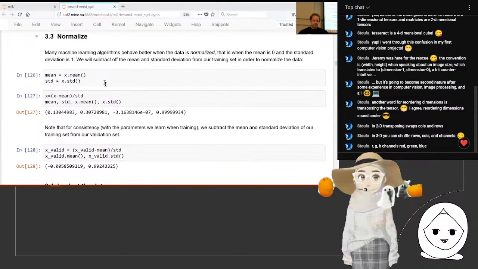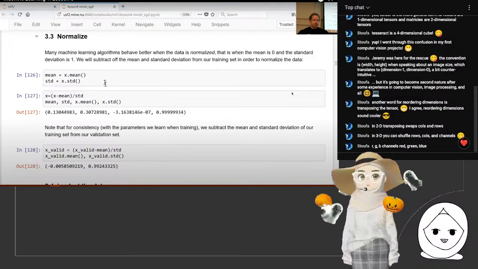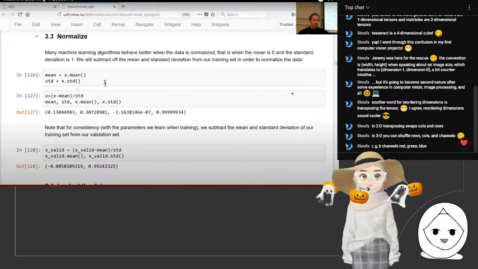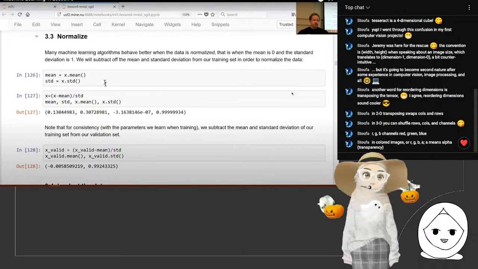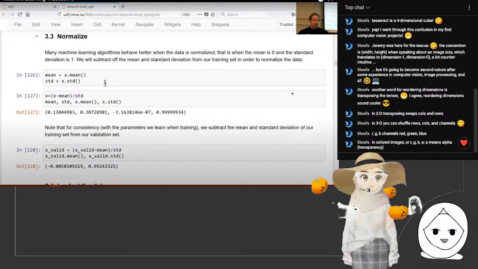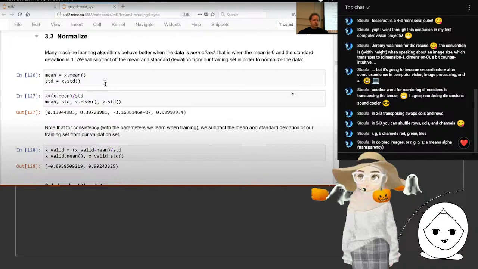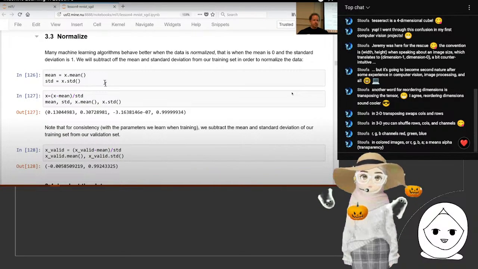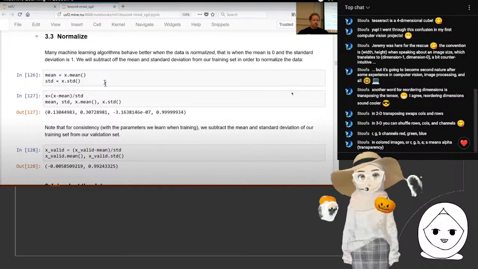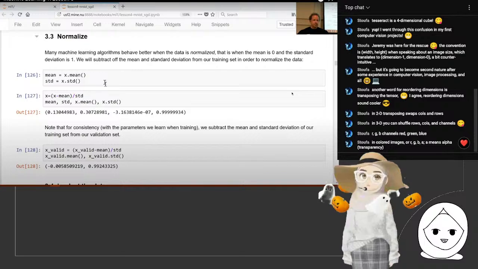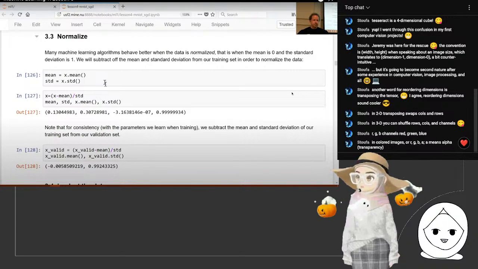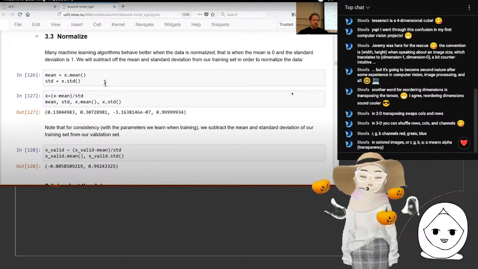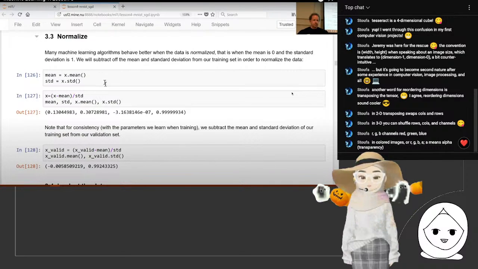This is probably a dumb question, but channels is the RGB? Okay, thank you. Thanks for the explanation. Yeah, I know RGB. Yes, A does mean alpha, you're right.